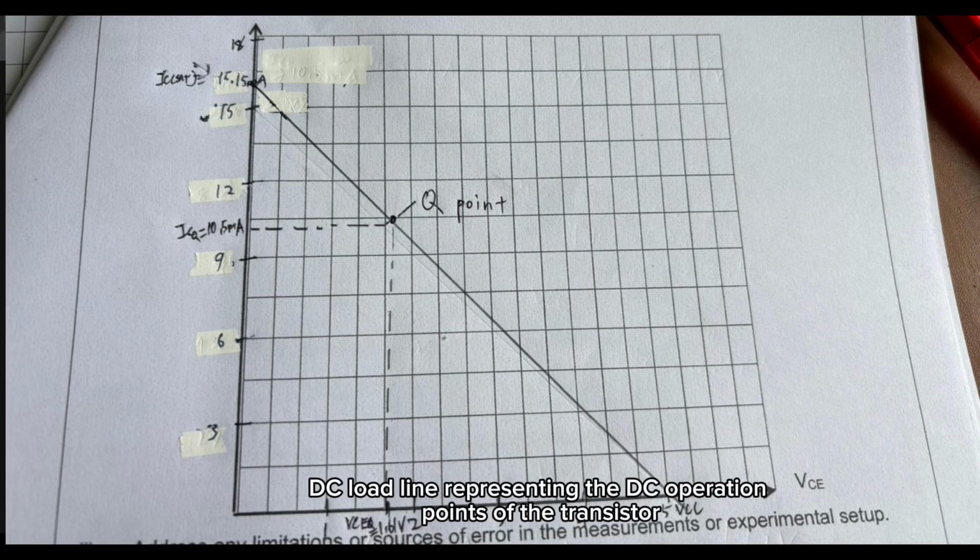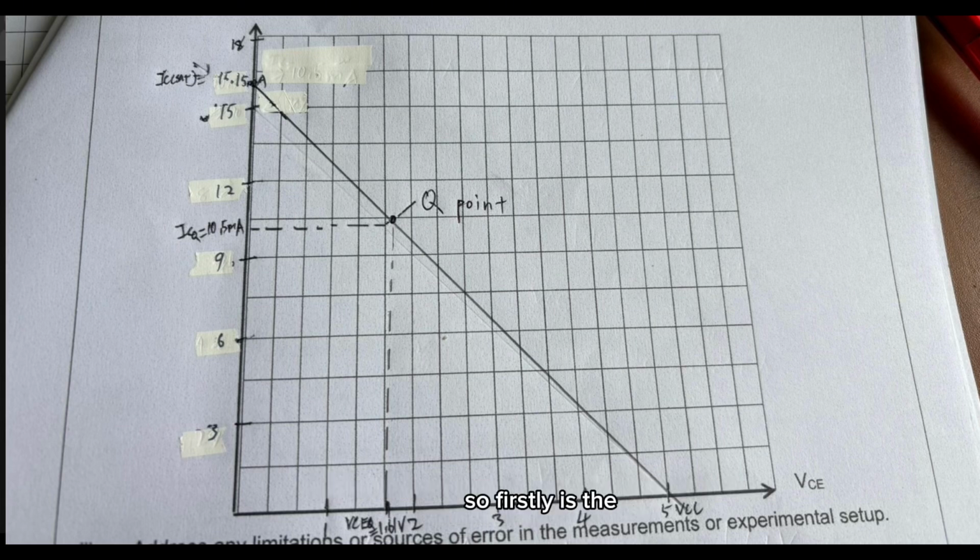So next is the DC load line, representing the DC operating points of the transistor. Firstly, VCC is equivalent to 5 volt, and the saturation current is equivalent to 15.15 milliampere. Next is the ICQ, the point is 10.5 milliampere.